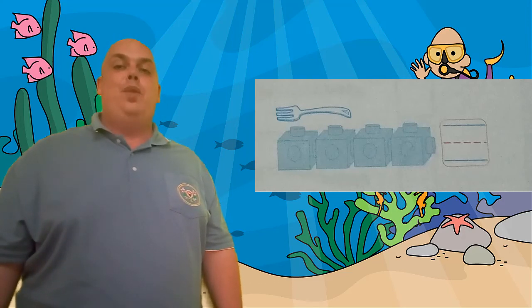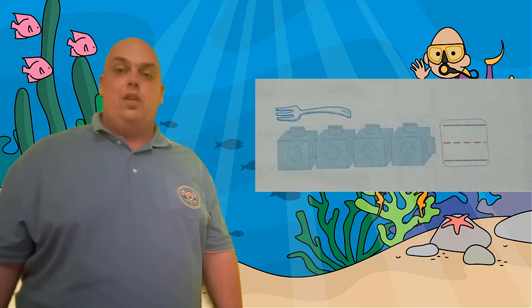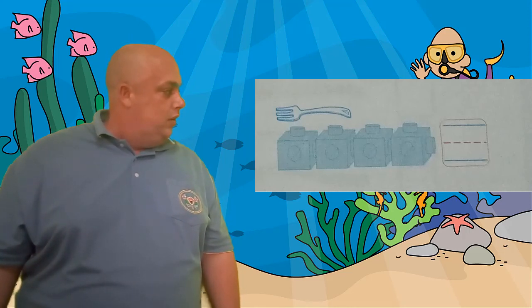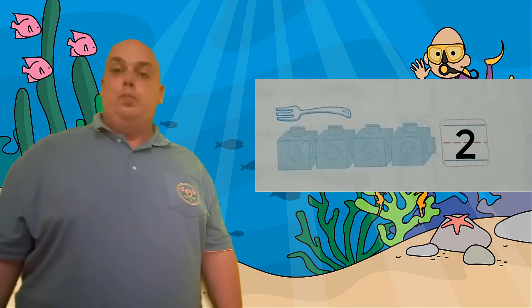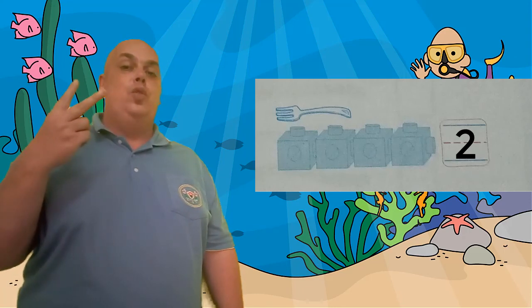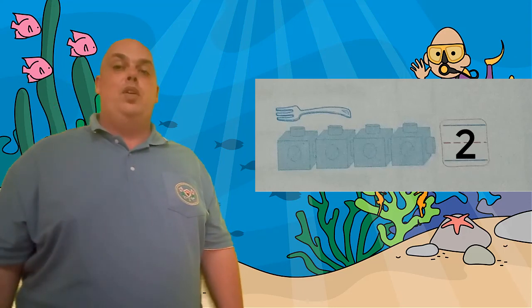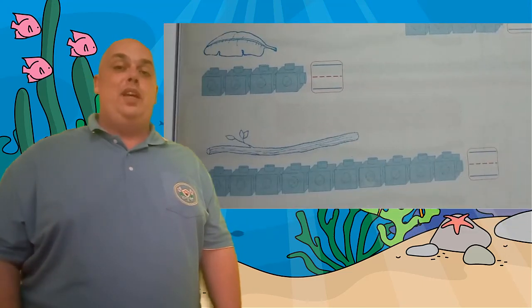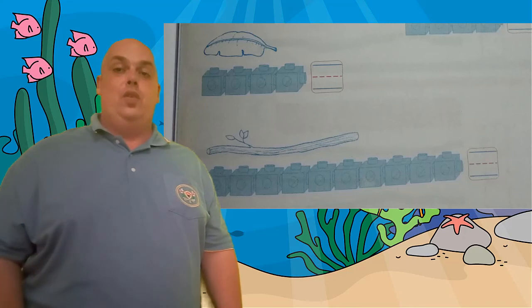But how many blocks long is the fork? 1, 2. Yeah, only 2 blocks. So next to the fork, you write number 2. Write number 2.